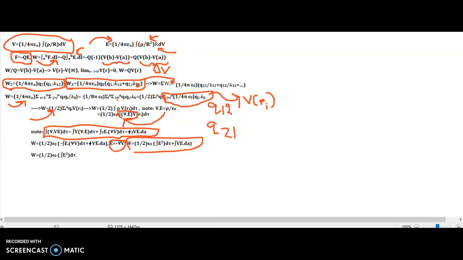However, when I consider these two integrals, the surface term will continue to decrease, unlike the volume term. And as a consequence of me considering all of space, I will have very large values of r. As a consequence of that, this work integral will simply reduce to this.